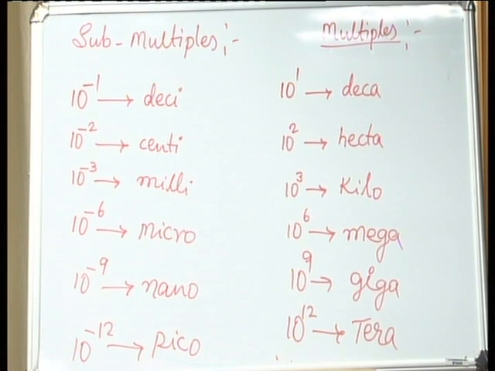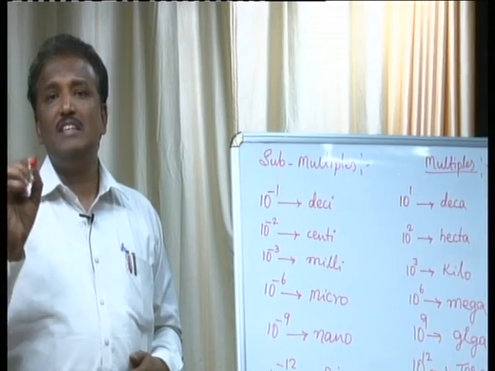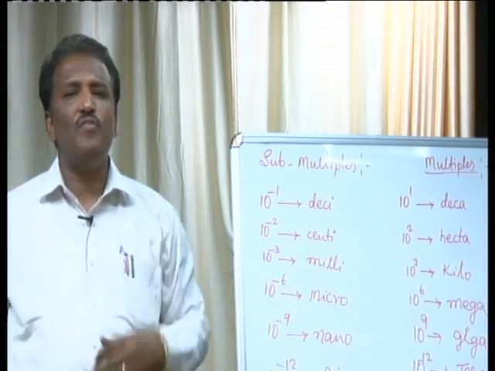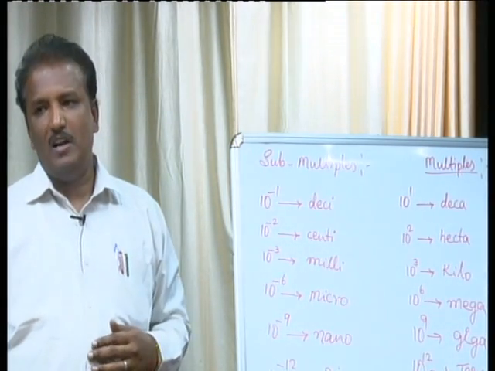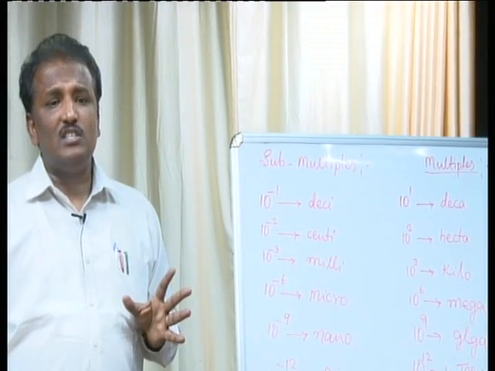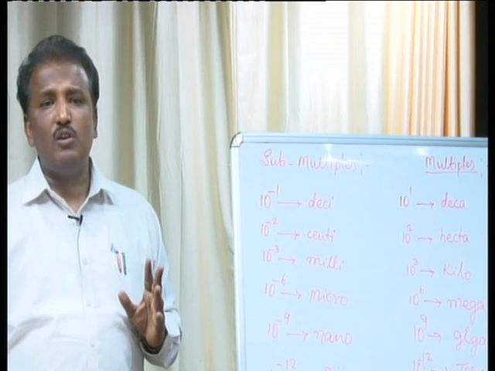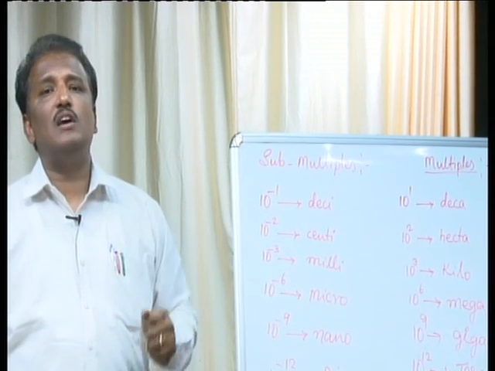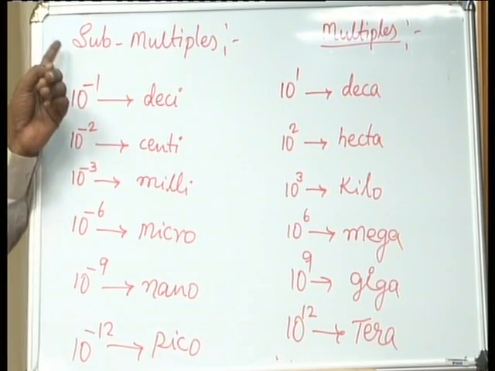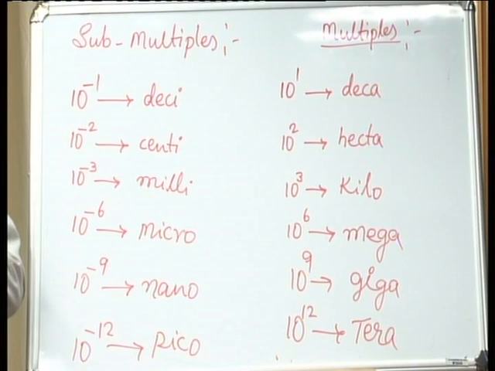So, if the measured physical quantity has a very large magnitude, you can express it comfortably by making use of the multiples. One more advantage you can quote: in the SI system, it is very comfortable to express very small and very large physical quantities by using submultiples and multiples respectively.